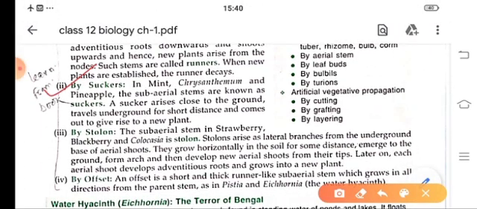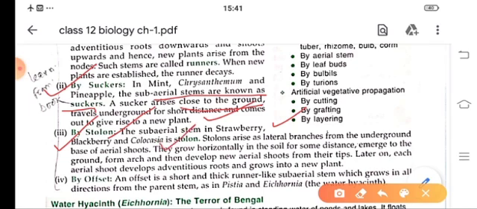Suckers, like in mint, chrysanthemum and pineapple: the subaerial stems are known as suckers. Now these suckers arise close to the ground and give rise to a new plant. By stolon, next is the subaerial stem, in strawberry, blackberry and colocasia; they are known as stolon.